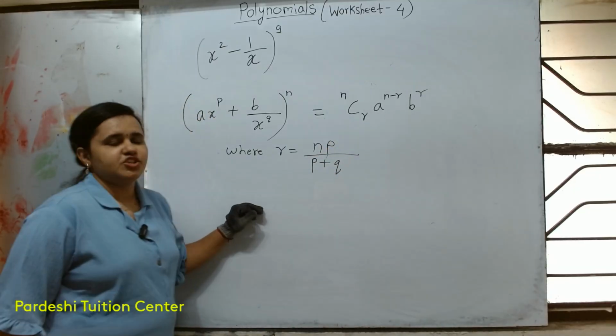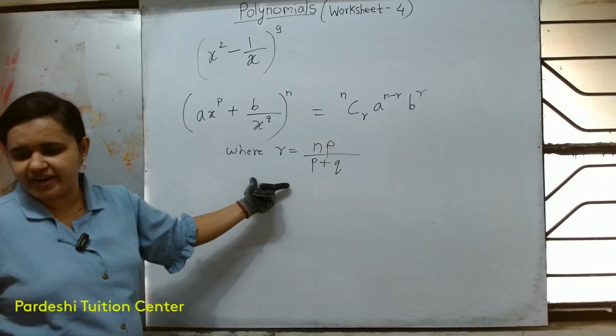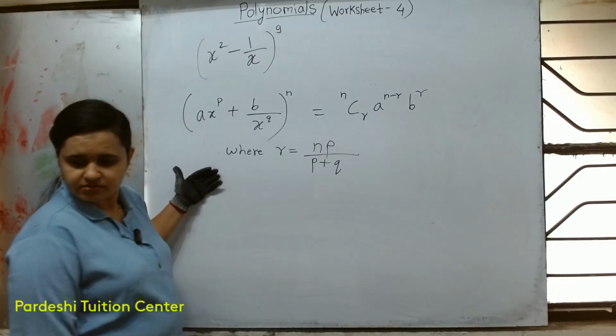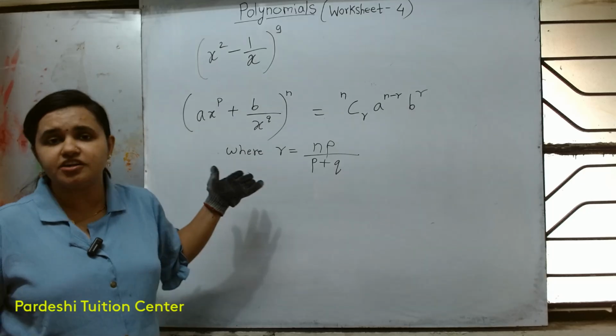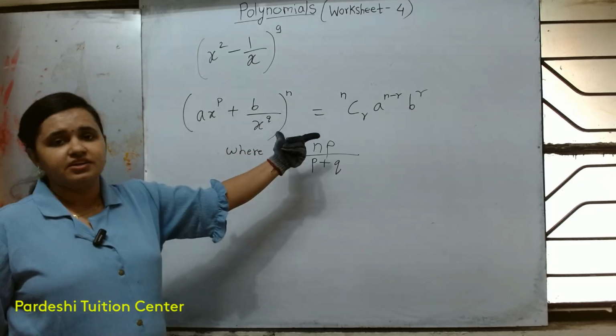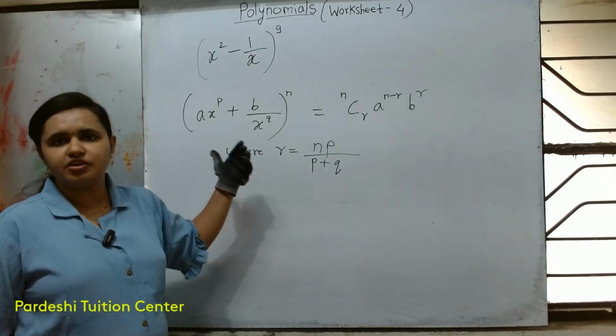You have to just use this formula and find the middle term, the independent term, which is independent of x. This is the formula for finding the term independent of x.